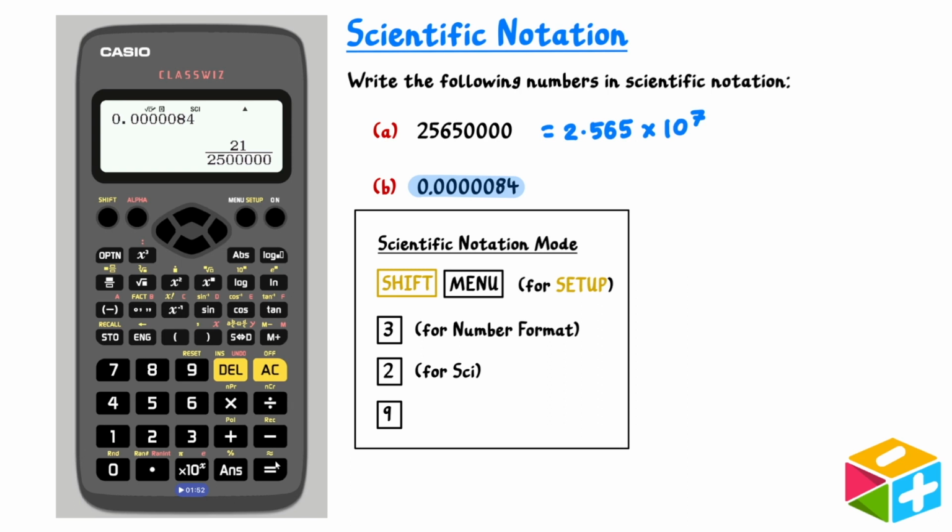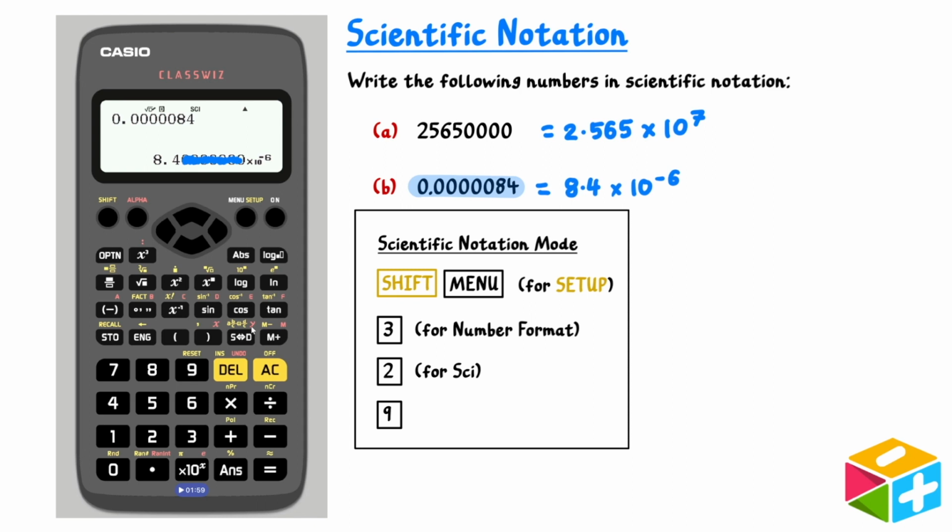To change this to scientific notation, we should press the S to D button. Again, we should ignore the trailing zeros. So the answer here is 8.4 times 10 to the minus 6.